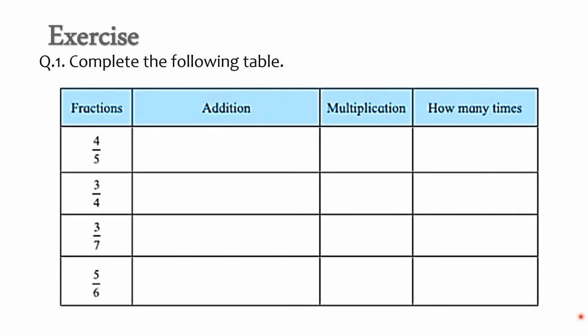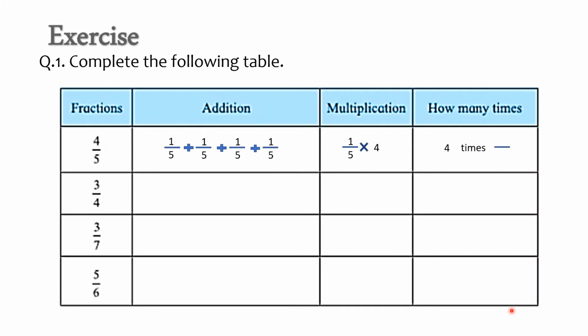Let us solve the first sum. 4 upon 5. Here 4 is the numerator and 5 is the denominator. So this fraction we will write in addition form: 1 upon 5 plus 1 upon 5 plus 1 upon 5 plus 1 upon 5.